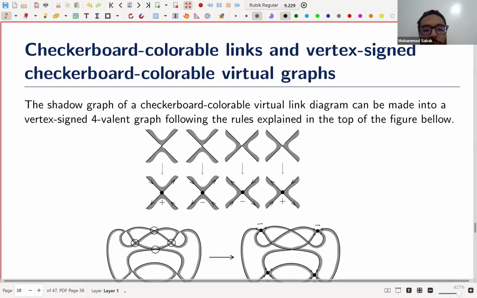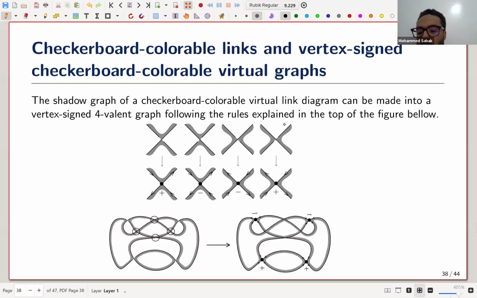Now let's see how we can turn a checkerboard colorable virtual link diagram into a vertex-signed checkerboard colorable virtual graph. We have here the rules for assigning the signs to the vertices.